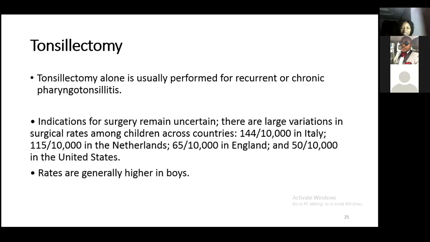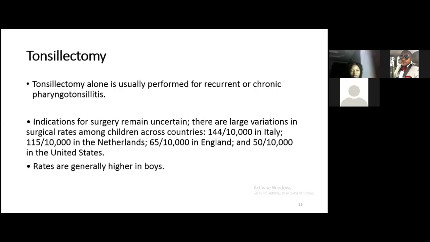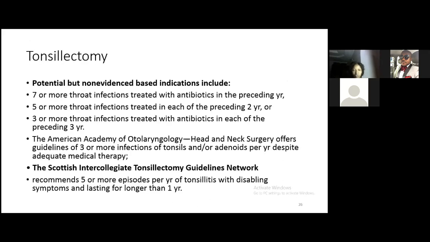In England it is 65 per 10,000. In the US it is 50 per 10,000. I'm sure in Nigeria and other developing countries it is going to be high, but I didn't see any literature regarding that. And then the rate for tonsillectomy is higher in boys as compared to girls.